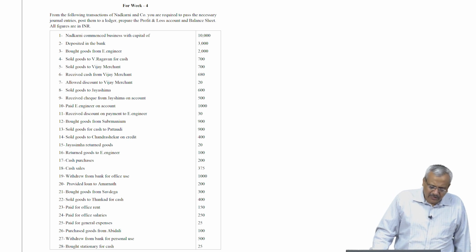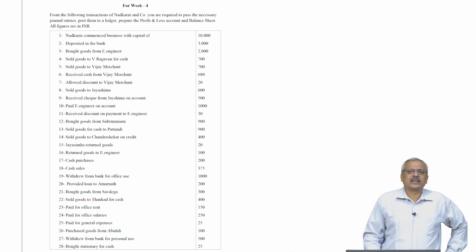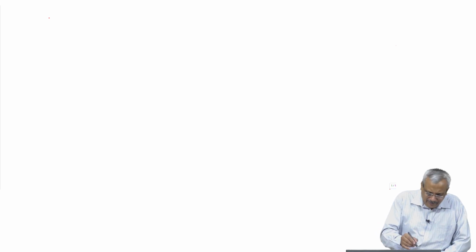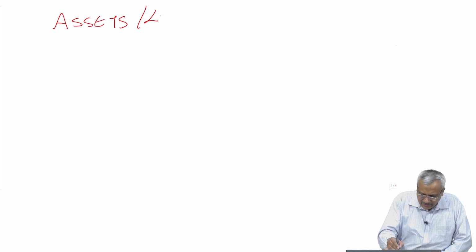When I talked about accounting, there are 3 basic principles we use for every transaction, that is, we classify the transaction into 3 basic aspects. One basic aspect is whether it is an asset or a liability.